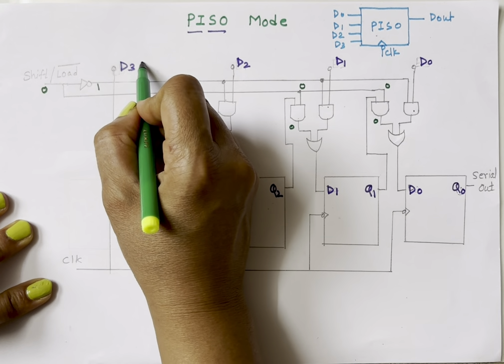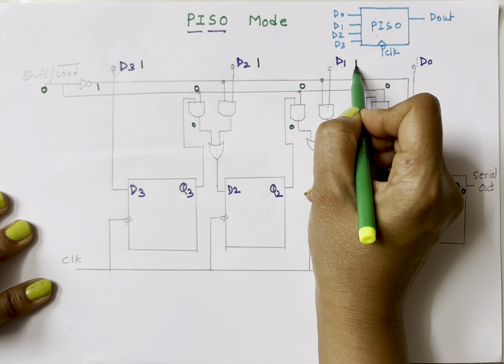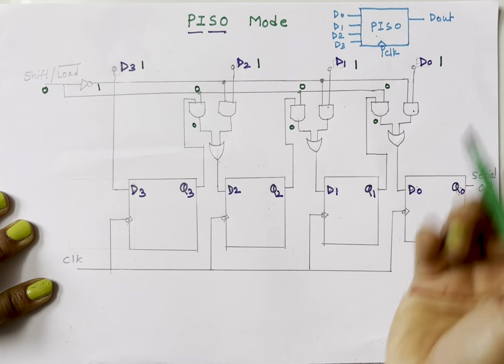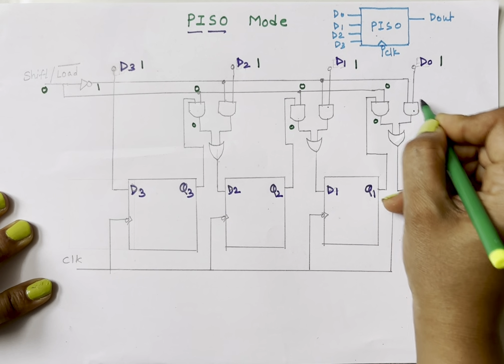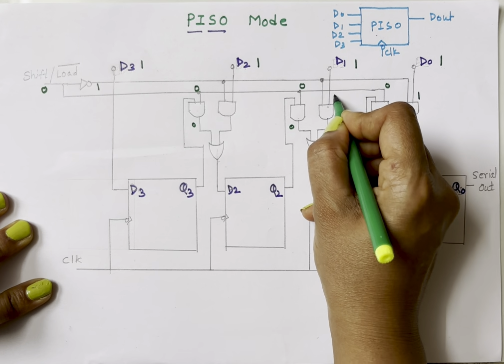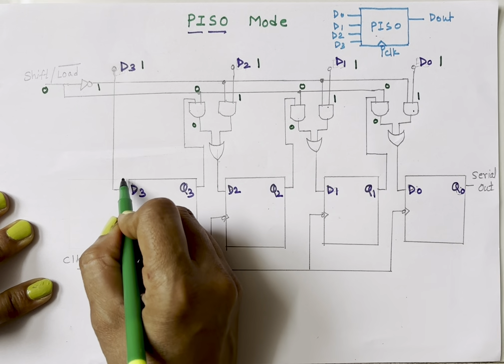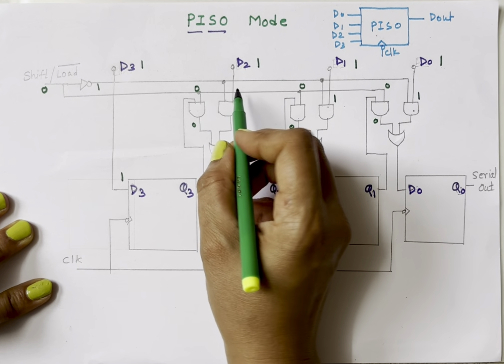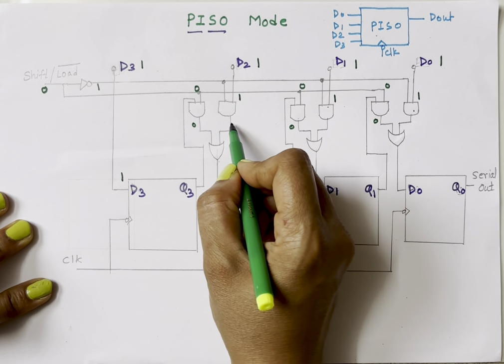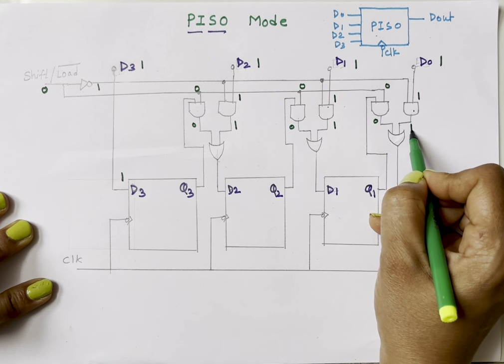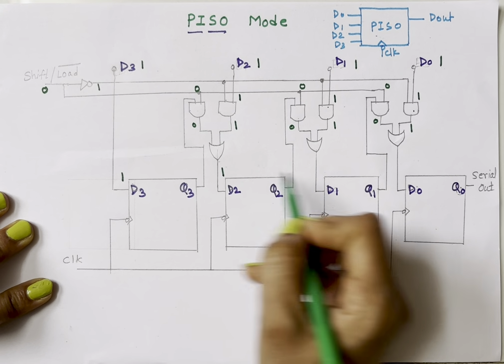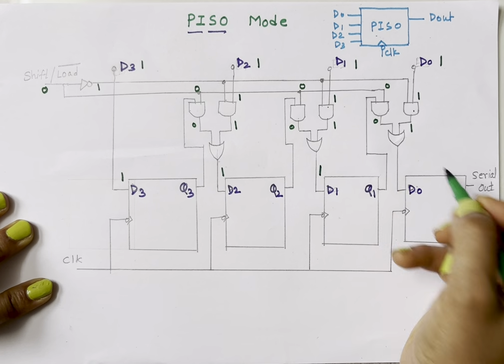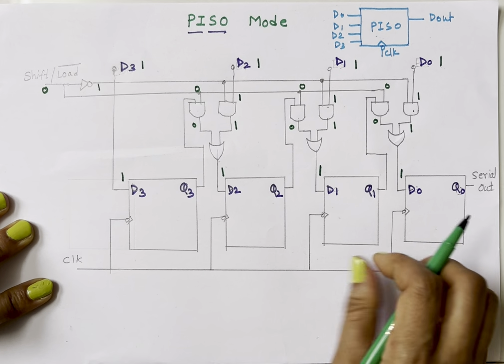So again I'll take the same example. My data is 1, 1, 1 and 1. So what will I get here? I'll get 1 here, 1 here, 1 here and 1 here. Because the other input is also 1, the output of this AND gate is 1. So 0 plus 1, here we'll get 1. Here also we'll get 1, and here also we will get 1.